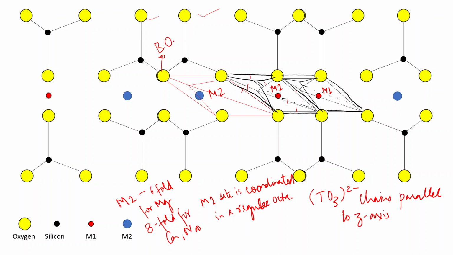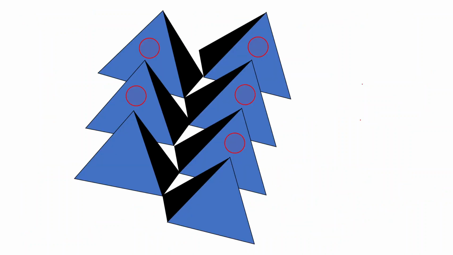Now if I say larger ion, how are the larger ions defined? Their ionic radius will be more. So M2 site is occupied by the larger cation, not the smaller one. The smaller cations always occupy the M1 sites.